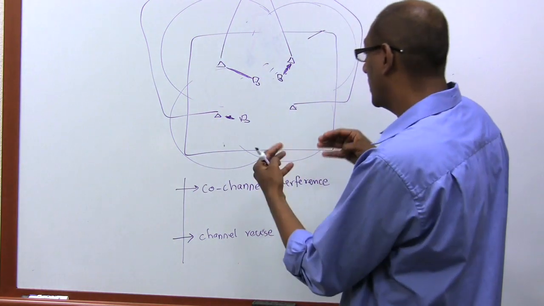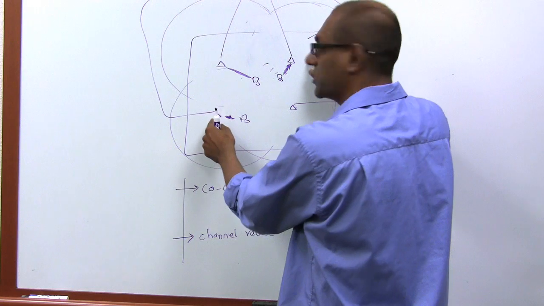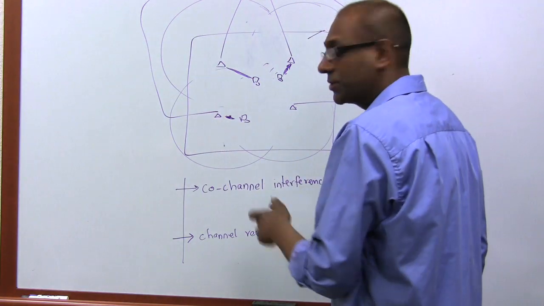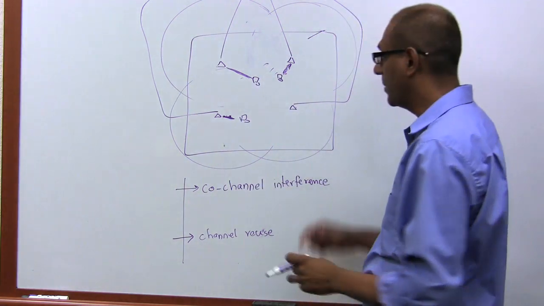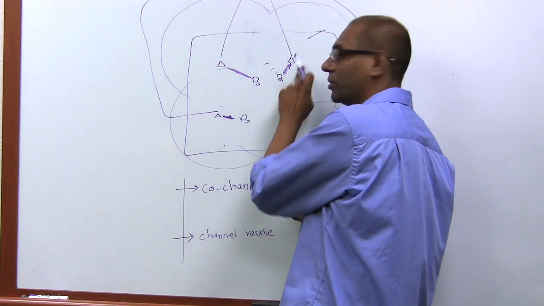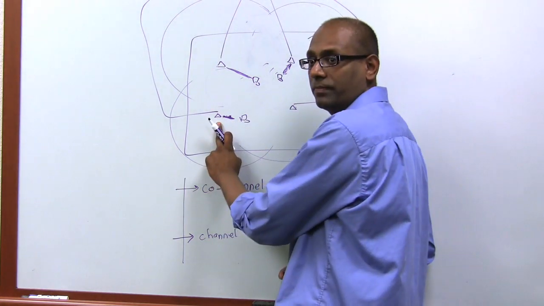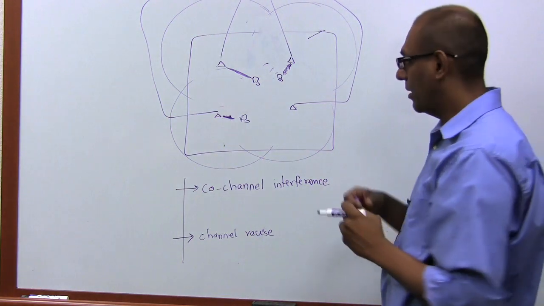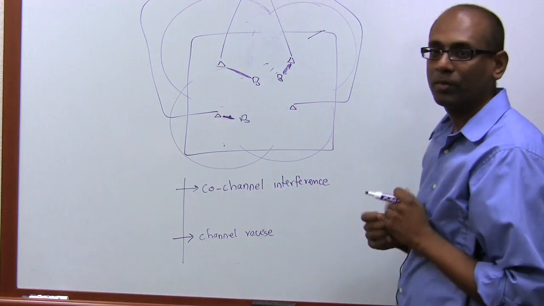So even though there is in fact reachability across these access points or these stations, it is possible for these two transmissions to go on at the same time, simply because the link quality is good enough that the noise caused due to this transmission is not adequate in order to preclude this transmission. We need to be able to essentially enable these sorts of simultaneous transmissions, and that's what we mean by channel reuse.